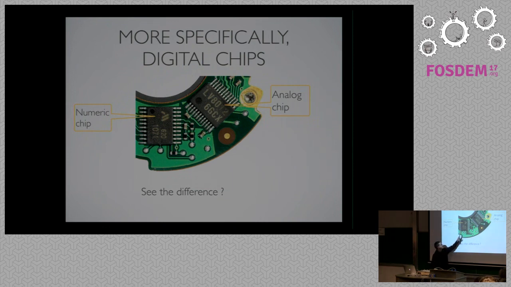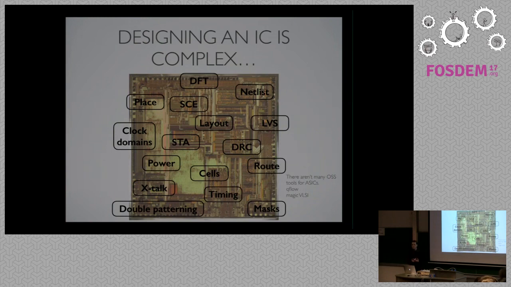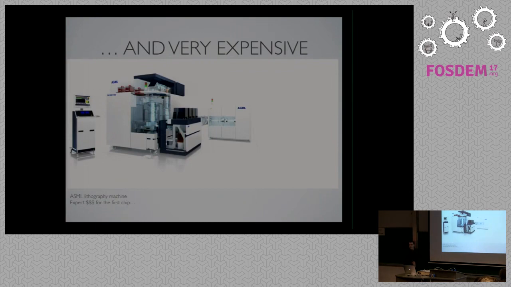Okay, the first thing to know is that designing a chip is very complex, requires a lot of knowledge, a lot of tools, and it's also very, very expensive. Well, only big companies can afford to design a very complex and very big chip.